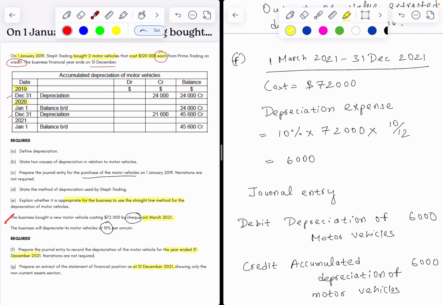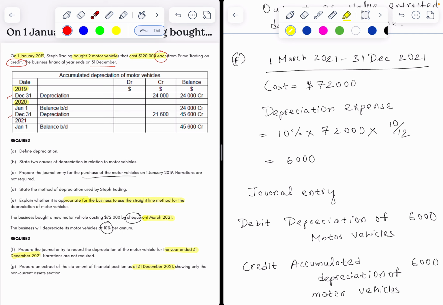The business bought a new motor vehicle costing $72,000 by check on the 1st of March 2021, and the business will depreciate them at 10% per annum. The requirement is to prepare the journal entry to record the depreciation of the motor vehicle for the year ended 31 December 2021. Narrations are not required. All right.